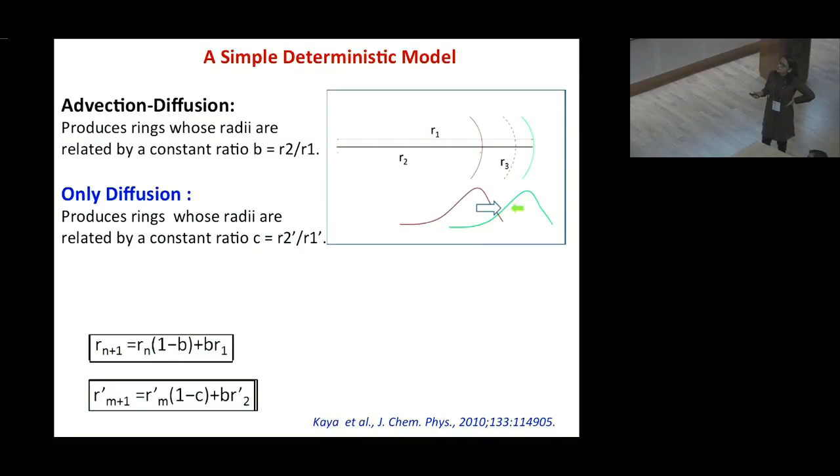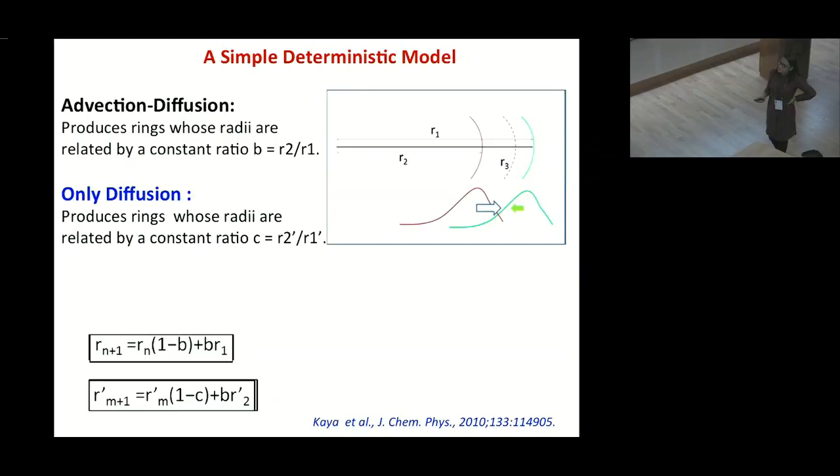So to us, it seemed possible to create rings with this simple idea. We did a deterministic study where, when advection and diffusion are involved, rings 1 and 2 maintain a constant ratio B, and between rings where only diffusion is taking place, they create a third ring maintaining this kind of ratio.